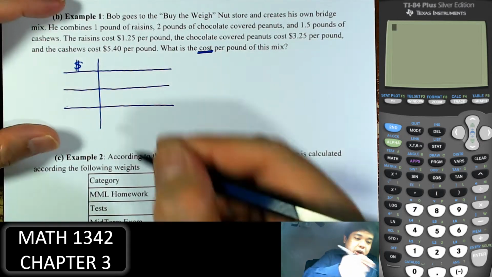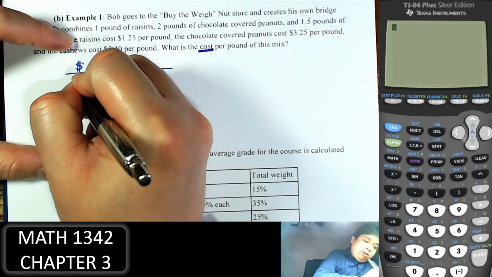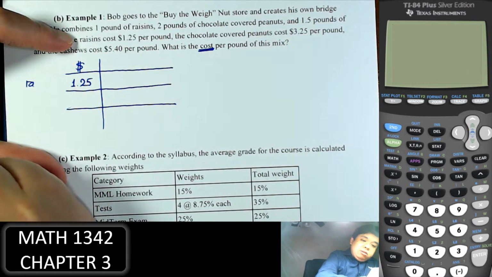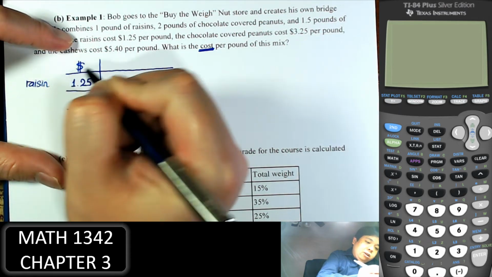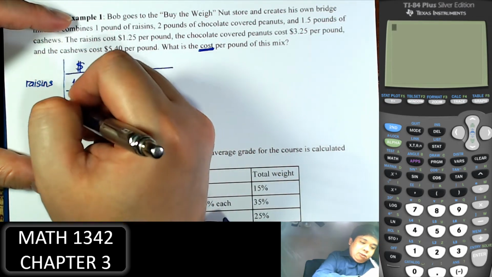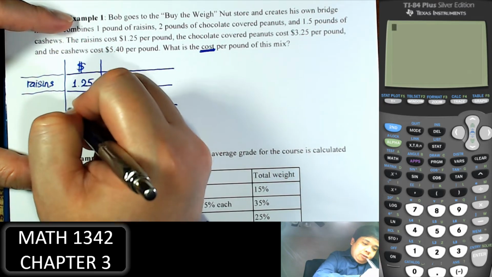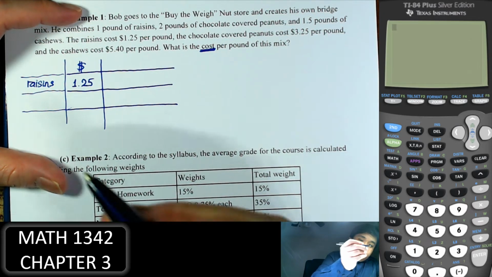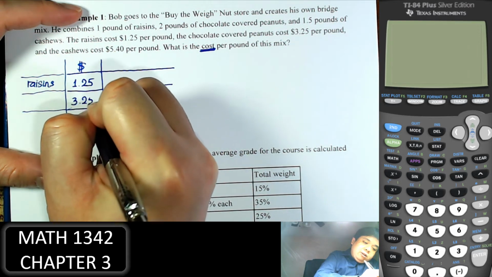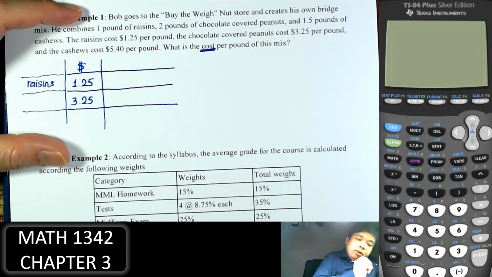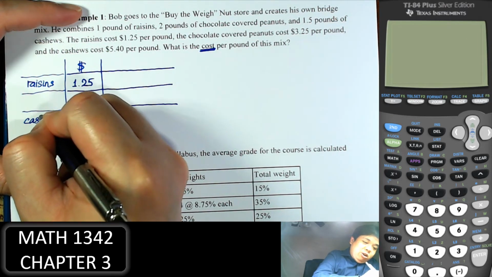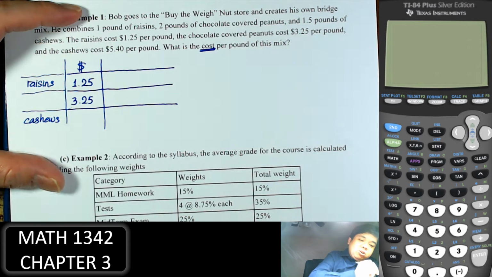So we have the raisins at 1.25, chocolate covered peanuts at 3.25, and cashews at 5.4 dollars per pound.